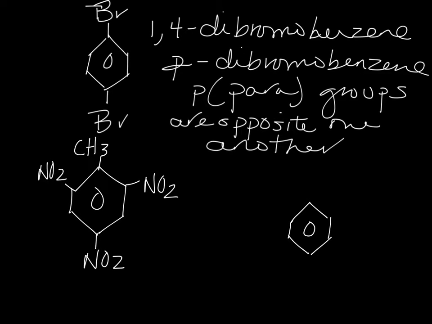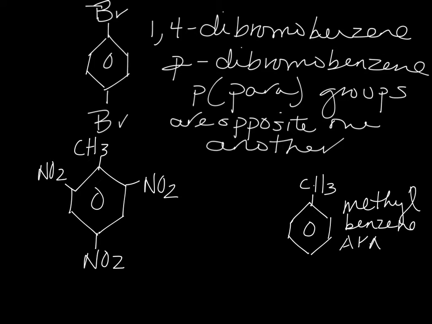So we know this is benzene, and we know that if I put a CH3 group here, this is called methylbenzene. That should make sense to you. All right? But this is also known as, or more commonly known as, toluene. Just like we know vinegar is called acetic acid, and it's also called ethanoic acid.